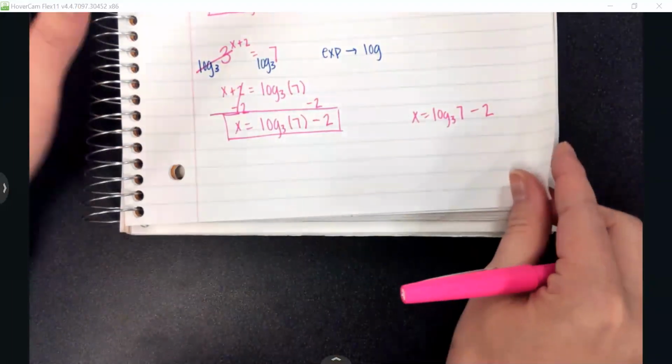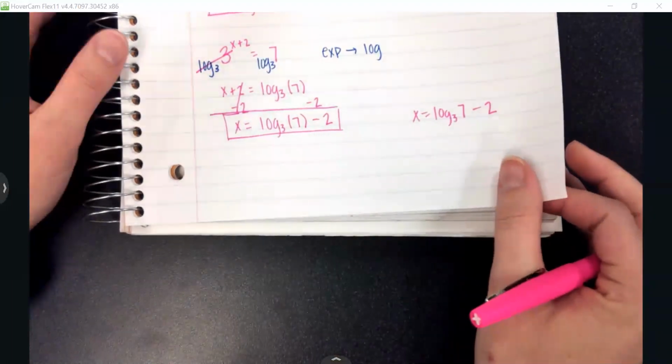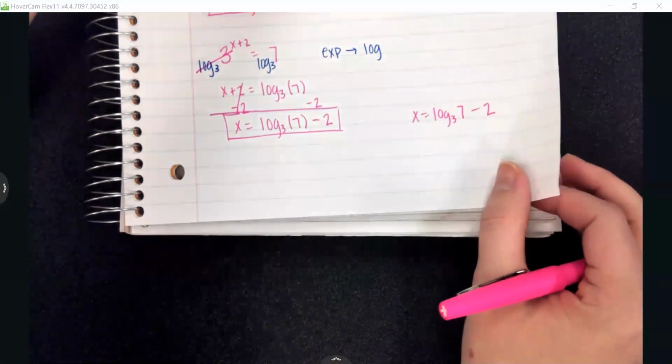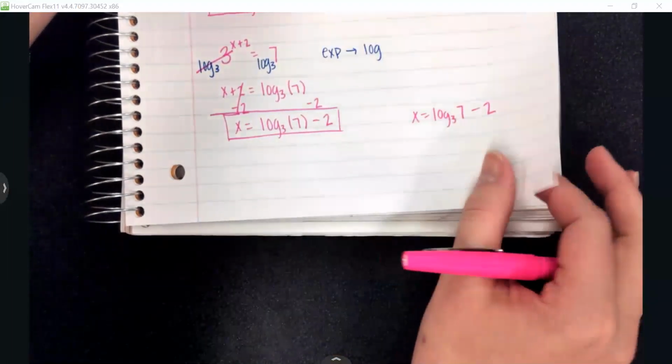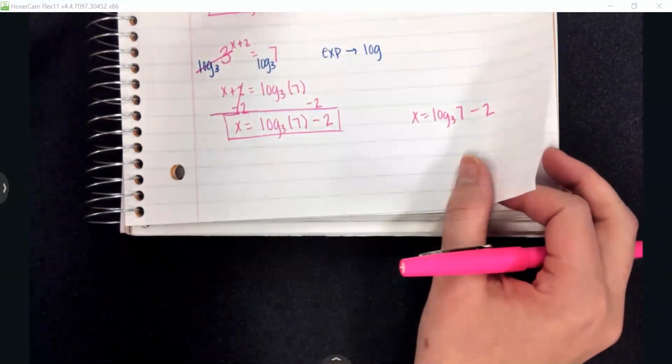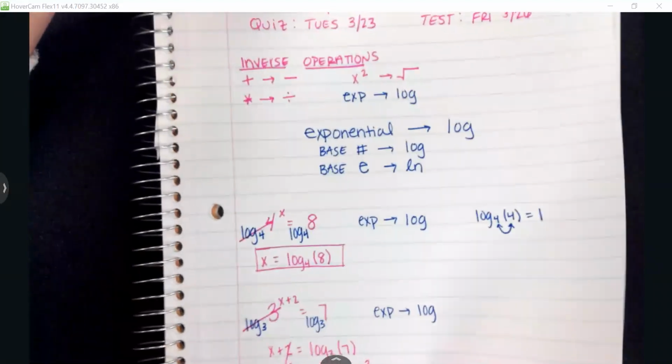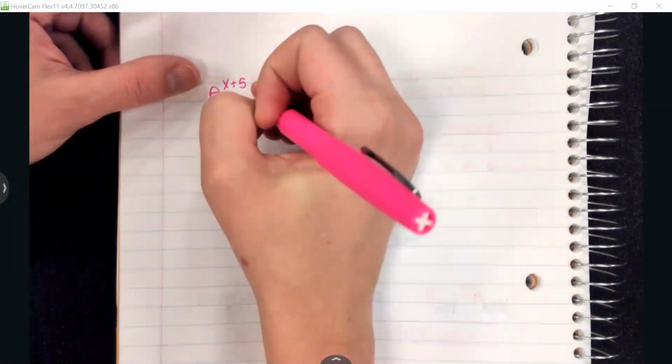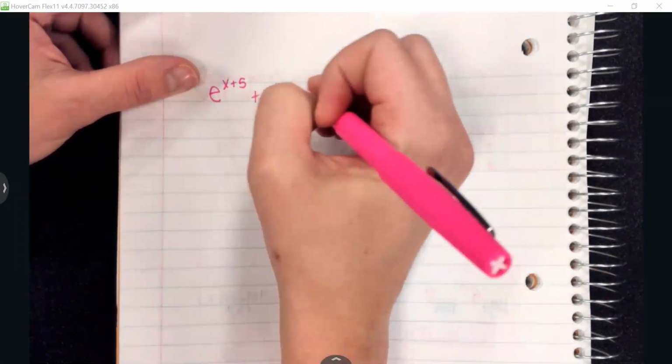So on the next page, we are going to do the other exponent. So now we're not going to have a number. We're just going to have a letter for my base. So I have e to the x plus 5 plus 4 equals 9.